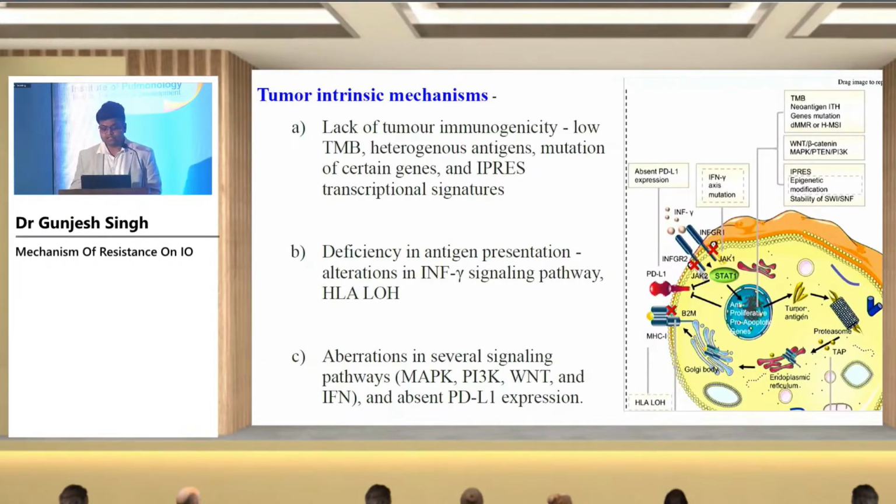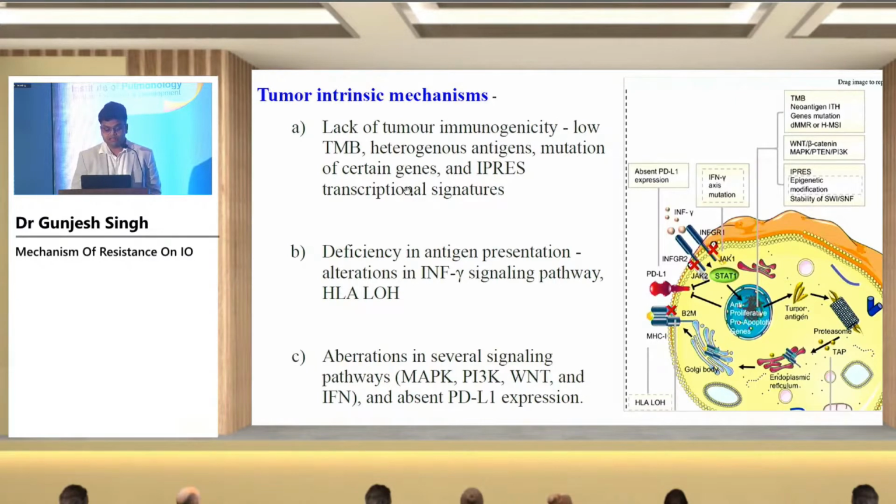Coming in detail with tumor intrinsic mechanisms of resistance to immunotherapy. That can constitute lack of tumor immunogenicity. Lack of tumor immunogenicity means there is lack of neoantigen, that is low tumor mutation burden, or a tumor can have heterogeneous antigen. So it is difficult to target a single antigen.